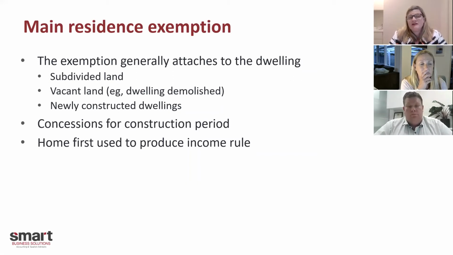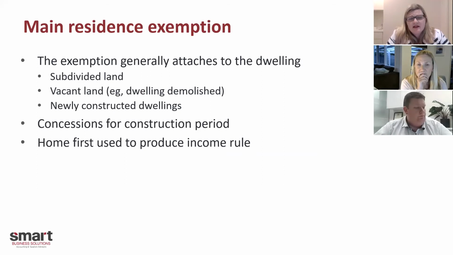For example, with subdivided land: you buy a house, you decide to subdivide the backyard off, and you sell the backyard off. That subdivided backyard piece is not part of the main residence, because it's not closely related to your house. One thing that has come up more recently is vacant land.